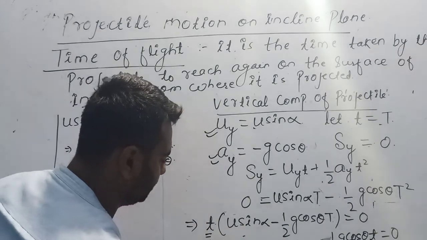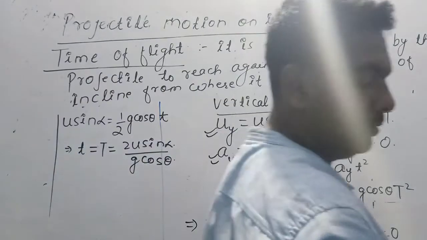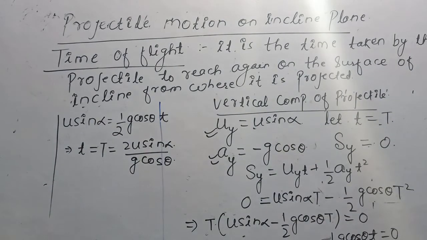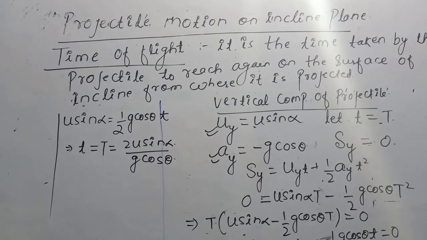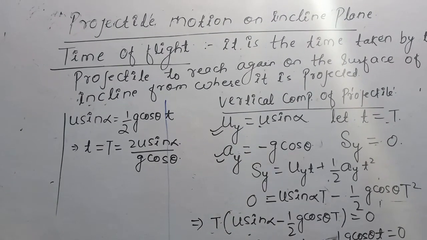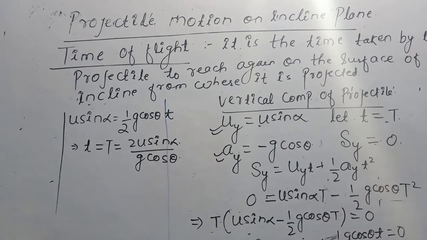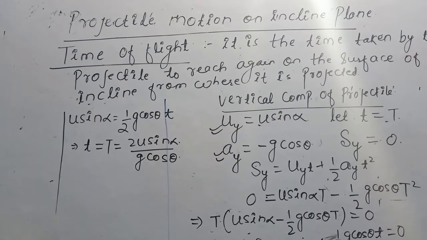Either t is equal to 0, or u sin alpha minus half g cos theta t is equal to 0. So from here I have got the value of time of flight: 2u sin alpha upon g cos theta.